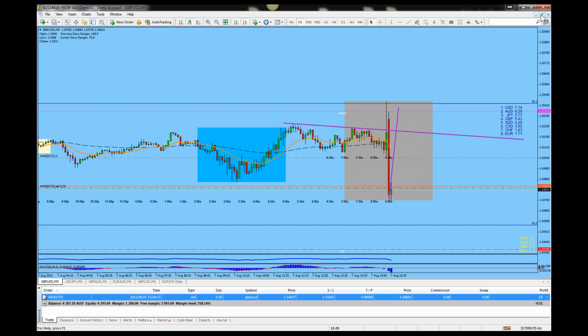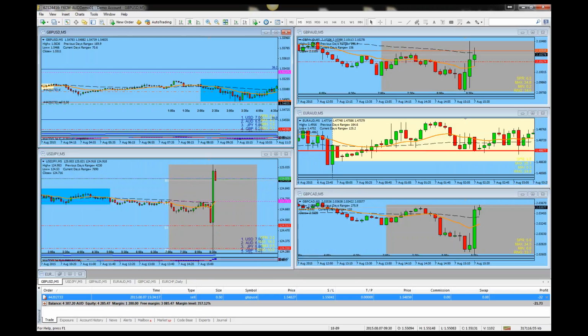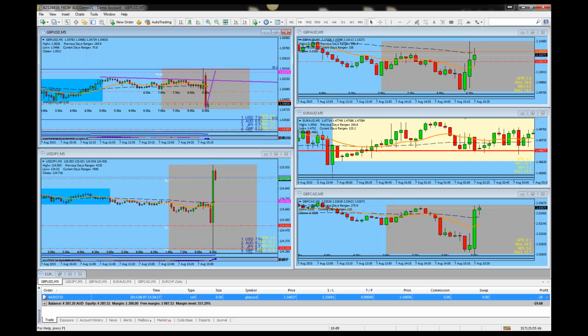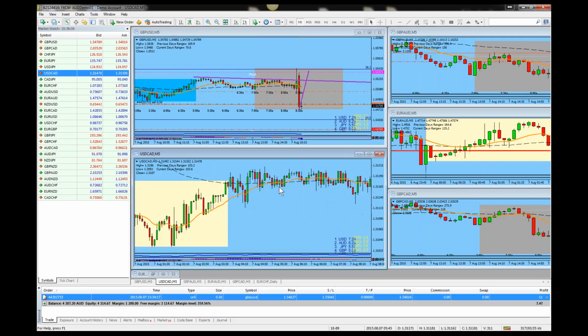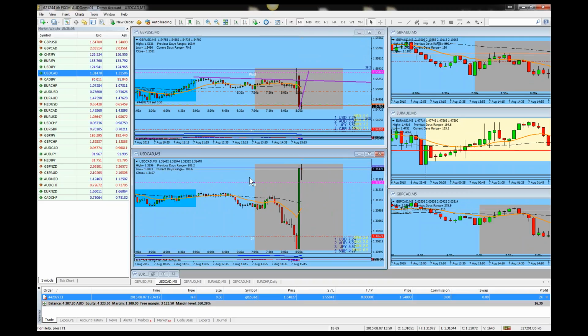Let's go take a look at some of the other pairs. We'll use this one for the guinea pig. The dollar CAD. Pretty much same thing. Dollar CAD didn't have that huge wick.